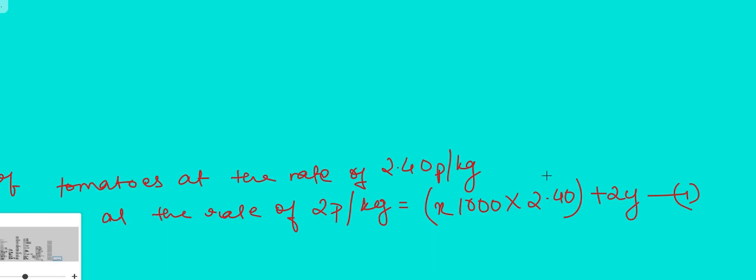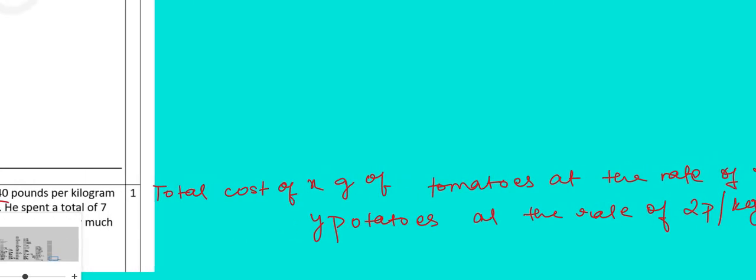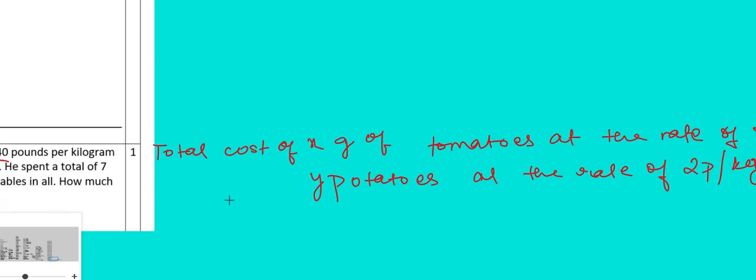This is our first equation that we have to solve, and the second equation is, let us write 3.5 kilogram of vegetable, which is equal to X over 1000 plus Y is equal to 3.5.